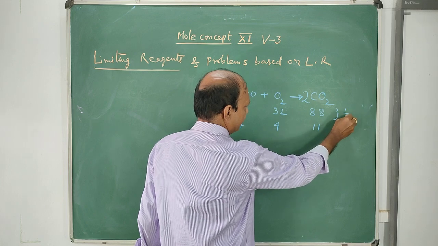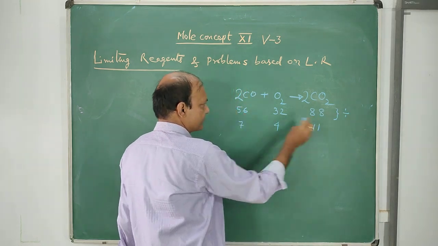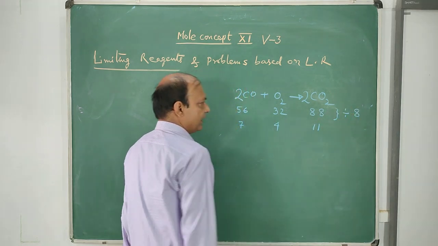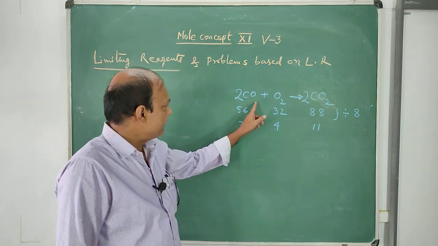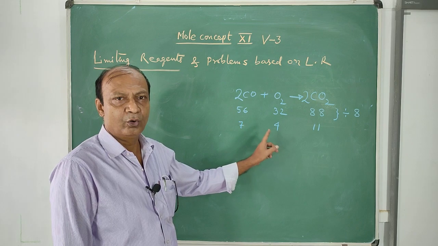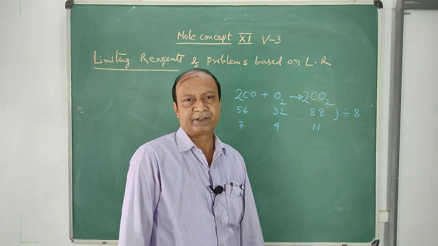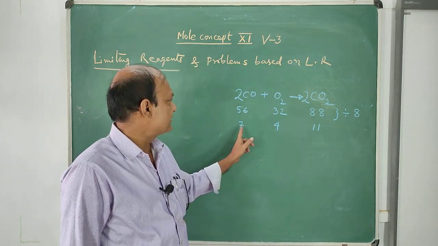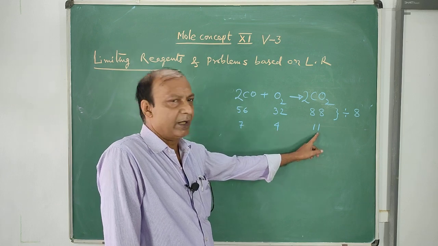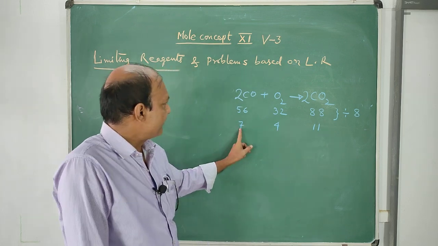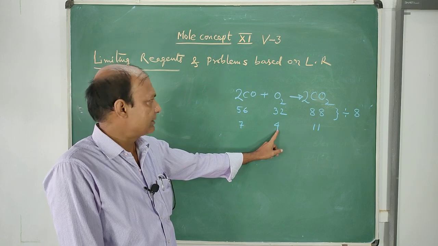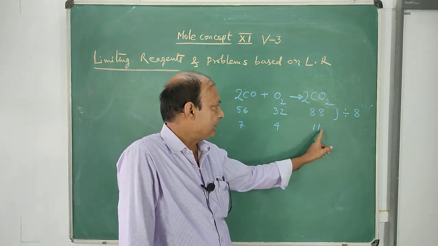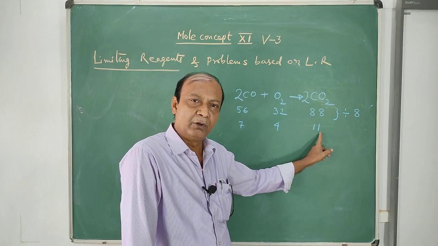Here we have divided these terms by 8 in order to simplify the ratio. So every reaction has its own ratio of masses. What is the ratio of masses? 7:4:11. That means 7 parts carbon monoxide combines with 4 parts oxygen, giving 11 parts carbon dioxide.